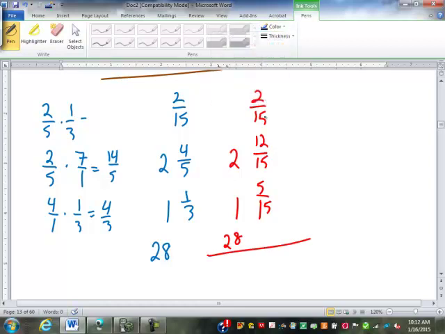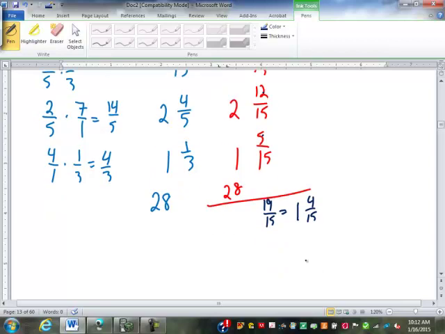Adding up, 2 and 12 is 14, 19/15ths, which is 1 4/15. Keep the 4/15. Carry the 1. 1 plus 2 is 3, plus 4 is 7, plus 28 is 32, so 32 4/15. We get the same answer.